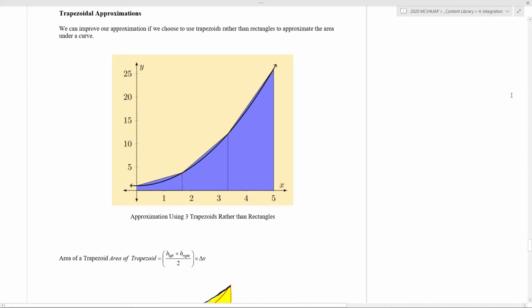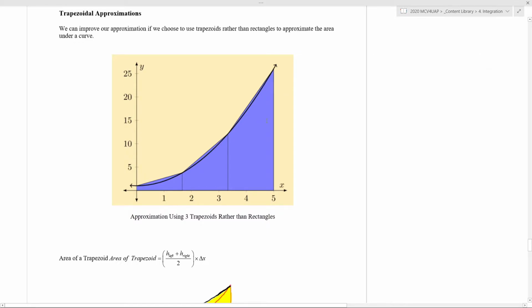So if you're using, let's say, LRAM with 5 rectangles or RRAM with 5 rectangles, neither one of them will be as accurate as a trapezoidal approximation with 5 trapezoids. As long as you're comparing the same number of either rectangles or trapezoids, the trapezoid approximation will be more accurate.